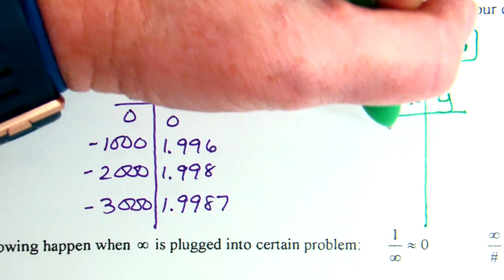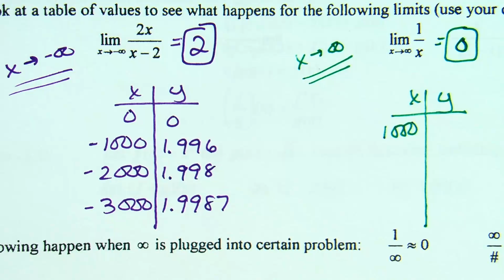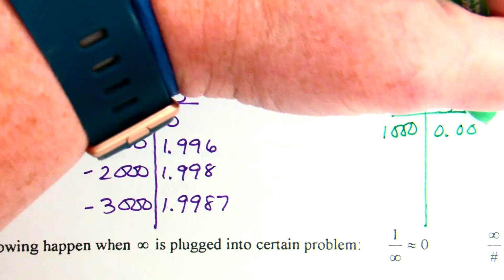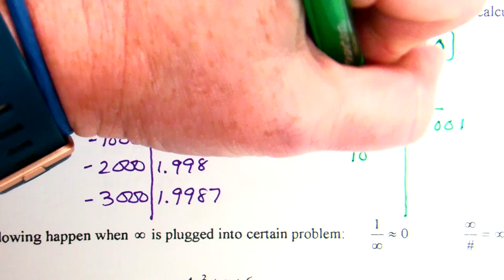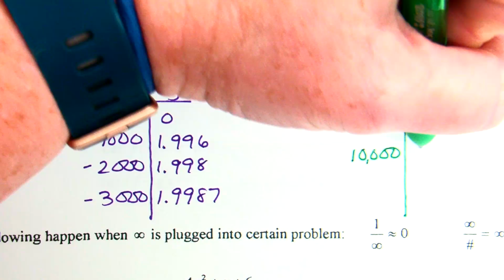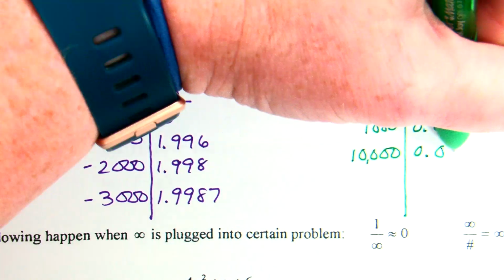If we put 1,000 in, 1 over x, so 1 over 1,000 is 0.001, correct? What if we put in 10,000? That's 1 over 10,000, which is 0.0001.